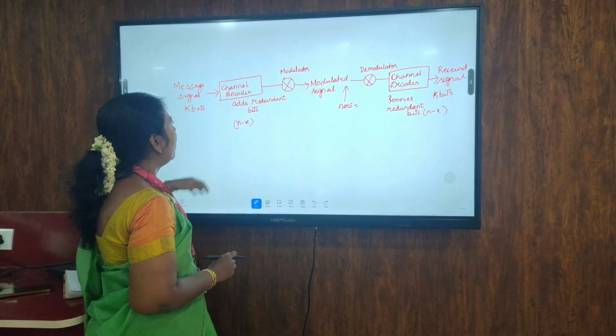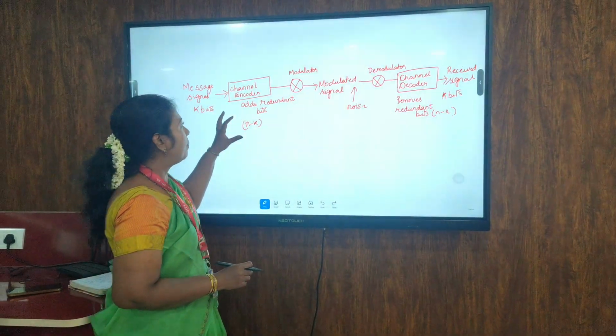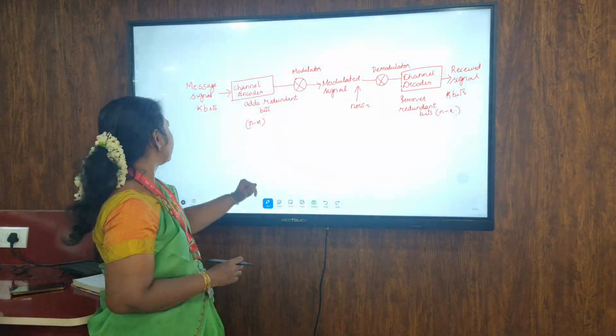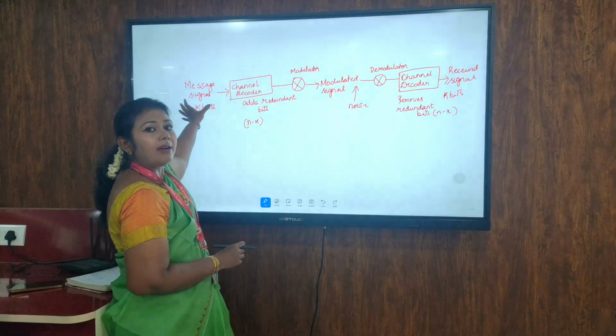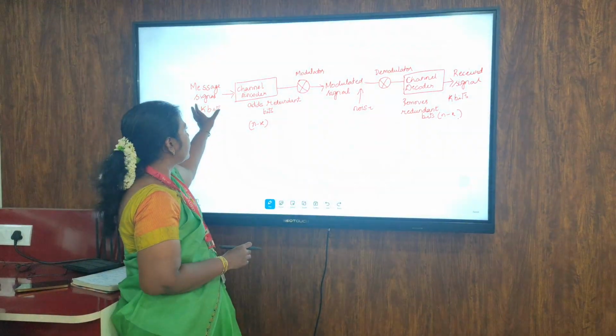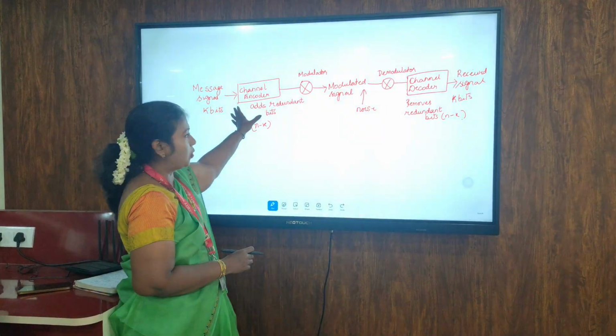This is a short block diagram of how data is being transmitted and received. Here our message signal consists of k bits. This is given to the channel encoder.